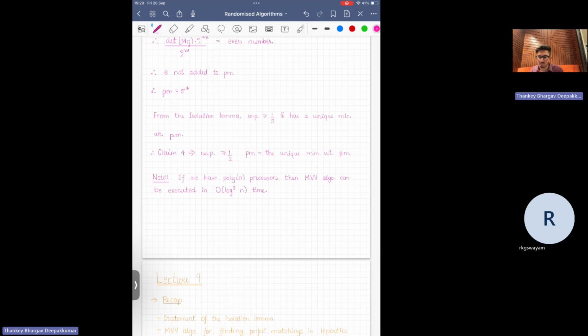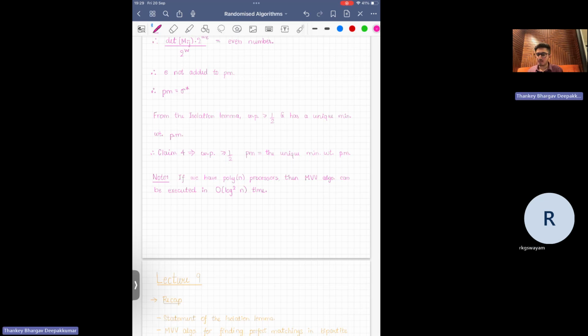I'm ignoring the randomization. So is this fine? So if we have a poly n number of processors, then the MVV algorithm can be executed in time of the order of log square n.